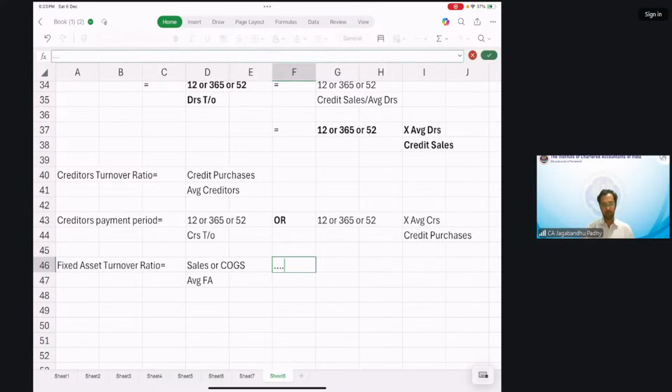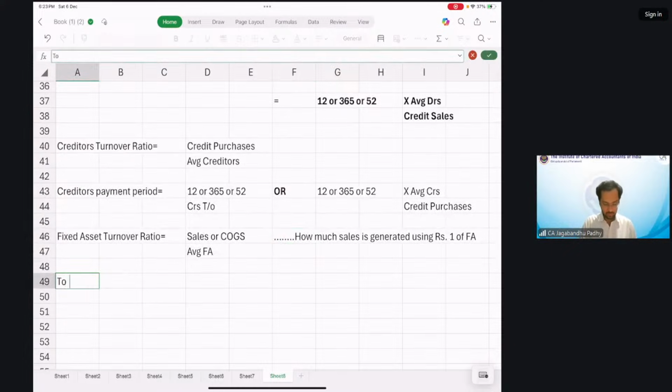If you want a simple interpretation, it tells us how much sales is generated using ₹1 of fixed assets. For every ₹1 of fixed assets, how much sales is being generated.